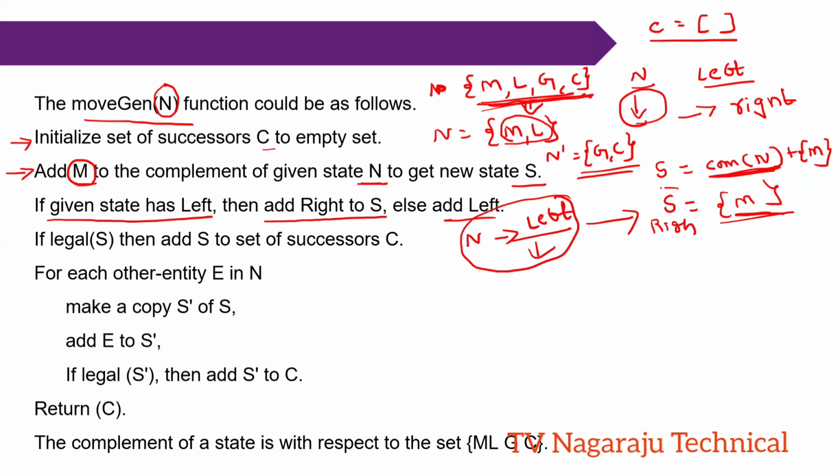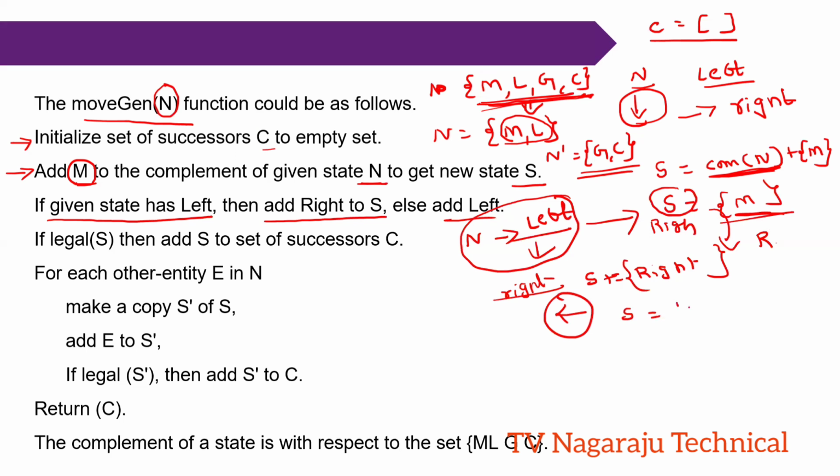So here you need to update the state by adding right. That means for S, we are appending right. Suppose you are on the right side, if the current state is on the right side, then the boat moves to the left side. For the state, you are adding left. Is the point clear? If the given state is on the left, then move to the opposite direction, that is right. If it is on the right, move to the left direction.